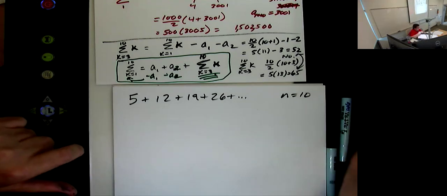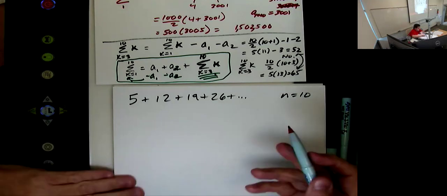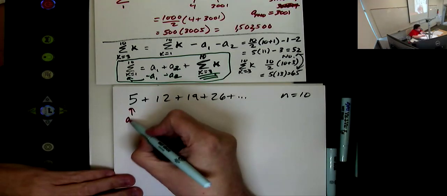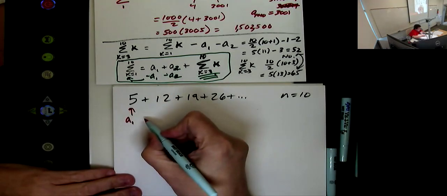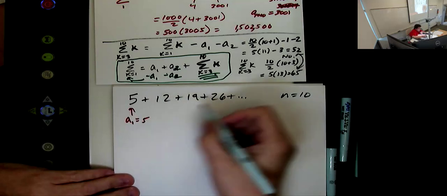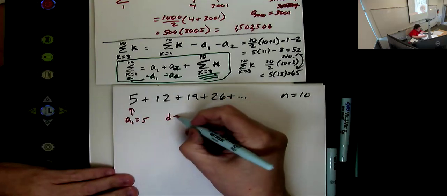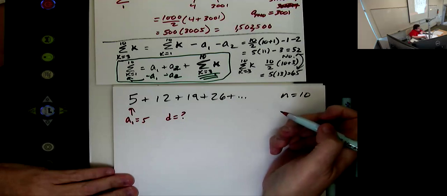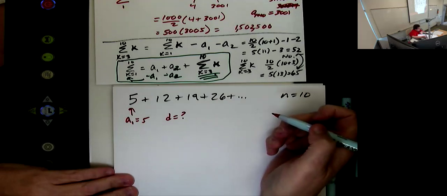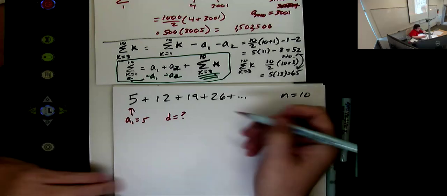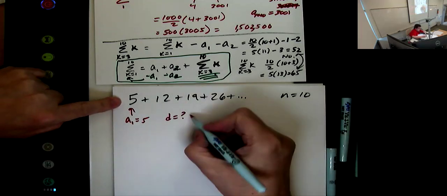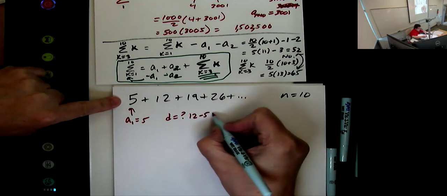So what could I do here? Well, that's A1 for sure, right? It's my first number. What's D here? Seven. Just pick any two numbers, do the consecutive thing, it's 7.